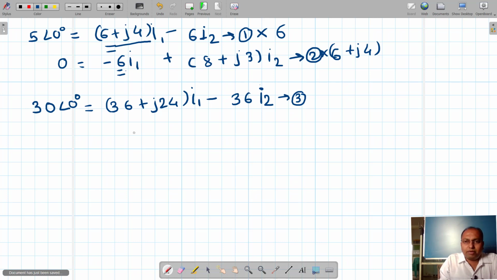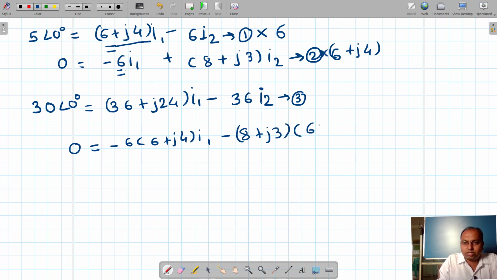Now let us multiply equation number 2 by 6 plus j4. 0 into anything is 0, so that remains 0. Minus 6 plus j4 into I1, minus 8 plus j3 into the bracket of 6 plus j4.